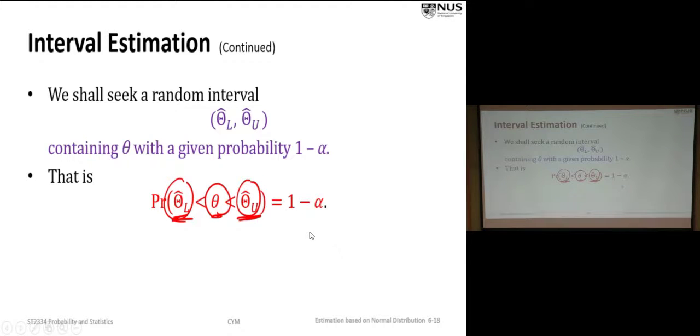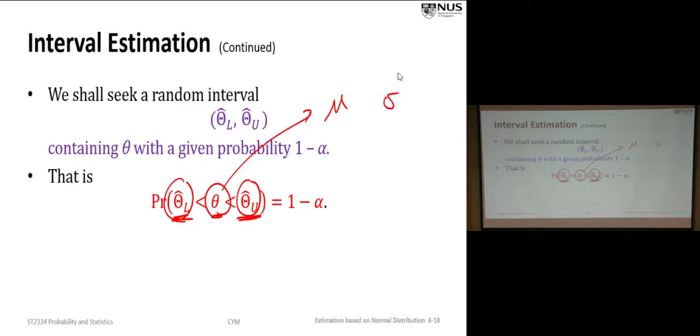This is the basic formula for confidence interval. But don't worry, we are only interested in two types: something to do with mu or the difference of mu's, and something to do with sigma, the population variance, or the ratio of the population variances. So it's very specific.